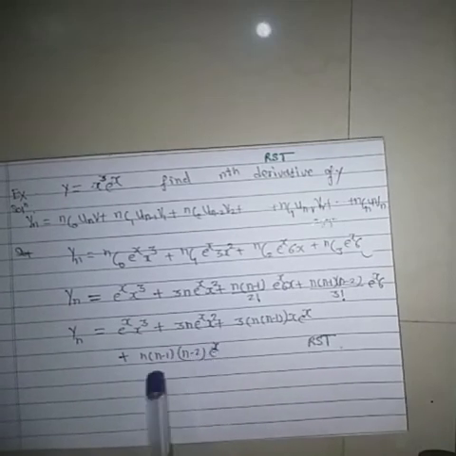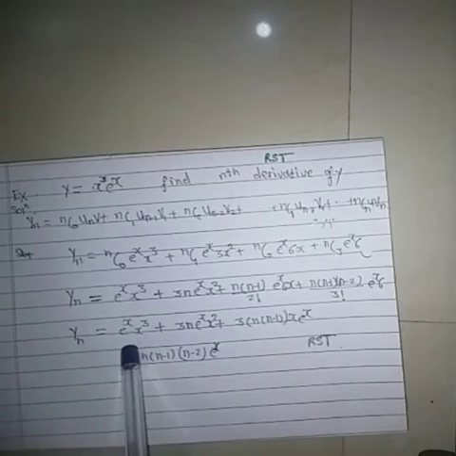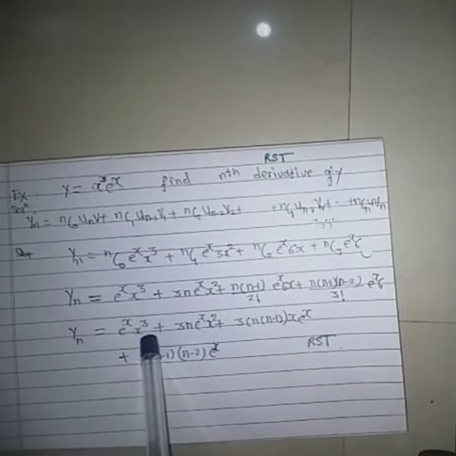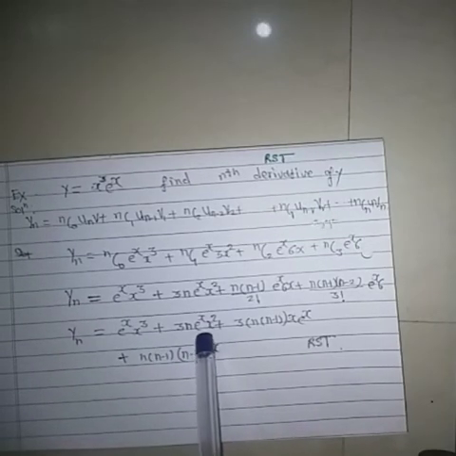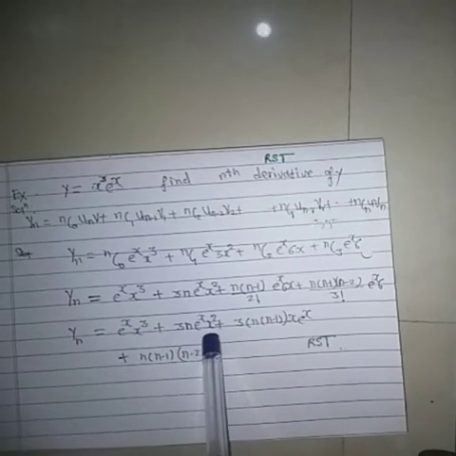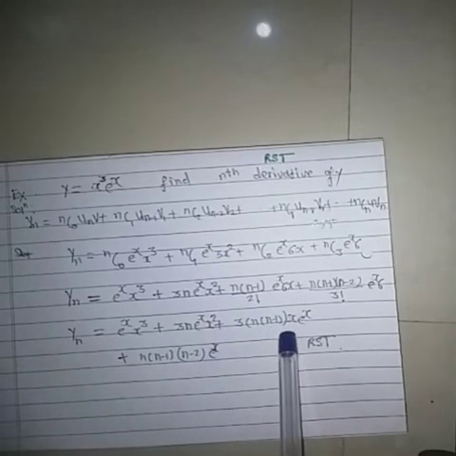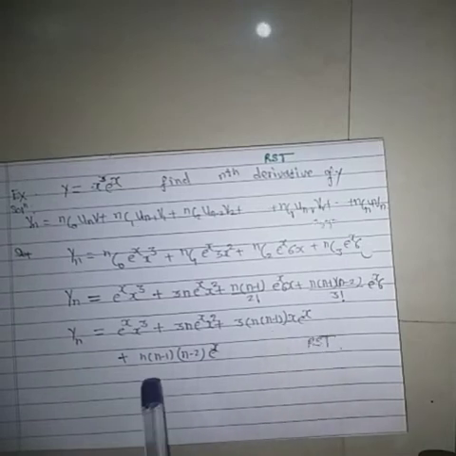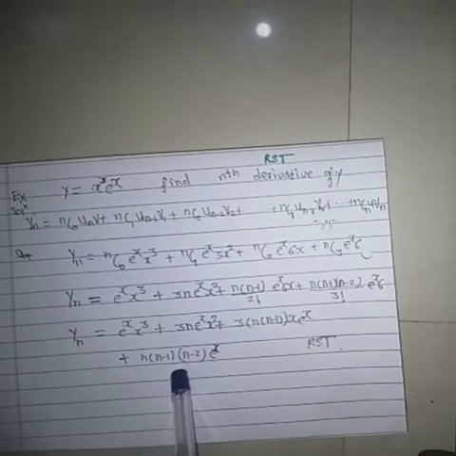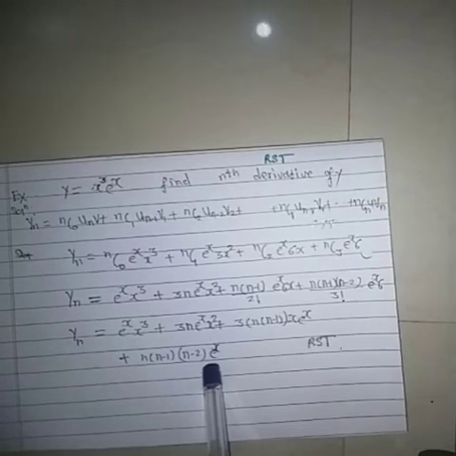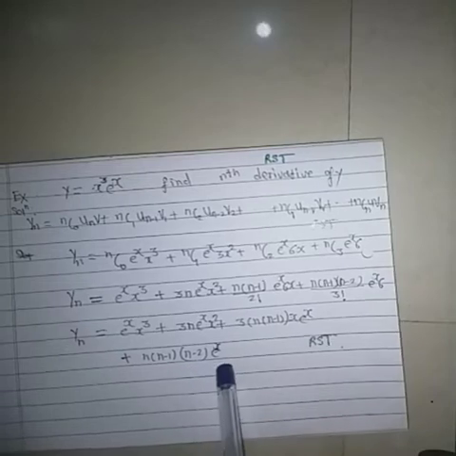Thus, finally we get y_n equal to e raised to x into x cubed plus 3n e raised to x into x squared plus 3n(n minus 1) x e raised to x plus n(n minus 1)(n minus 2) e raised to x.